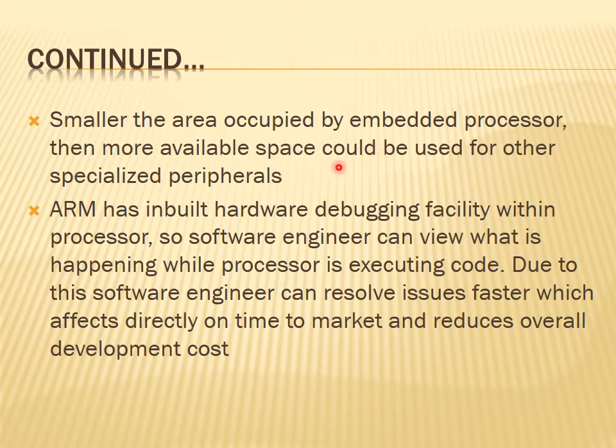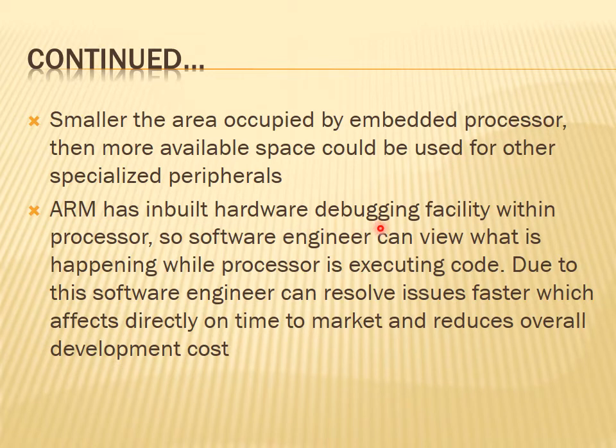So the ARM company sold the IP core to other vendors, and they started embedding it into another chip. They thought other peripherals could be added with the ARM processor to form a full-fledged controller, so specialized peripherals are added along with the embedded processor.